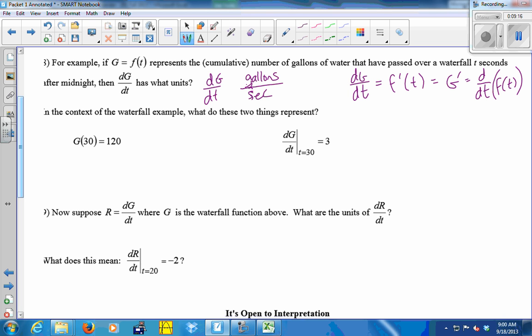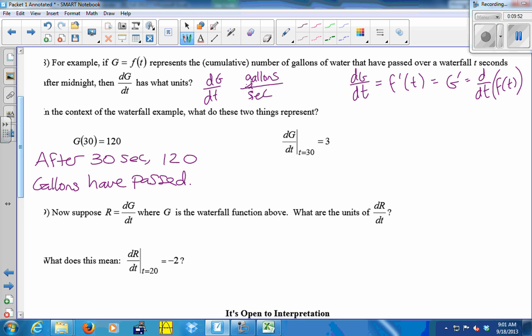Okay, so in the context of this same example, what does g of 30 equals 120 mean? 120 gallons have passed over the waterfall after 30 seconds. How about dg dt evaluated at t equals 30 equals 3?